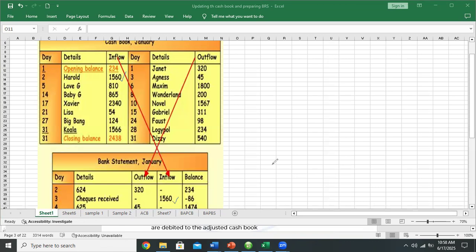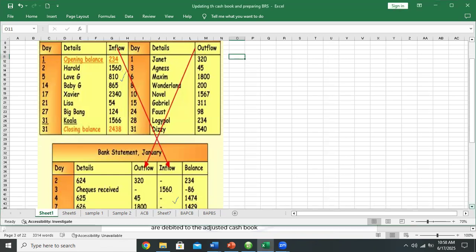So I need to scroll down a bit. So Love G. Okay. So you see Love G, also 810, right? In the bank statement. So that one has also been credited.